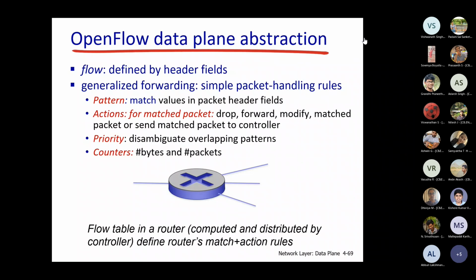The forwarding table can be implemented based on the flow table information. It can do some sort of intelligent operations: if something comes and it matches this particular parameter, do this operation, don't do that.